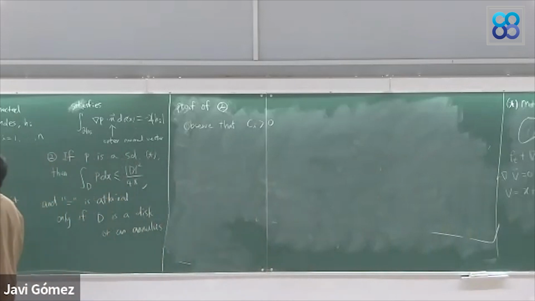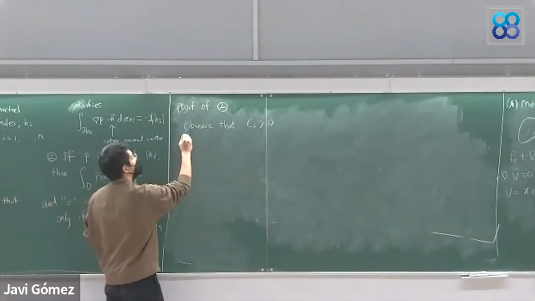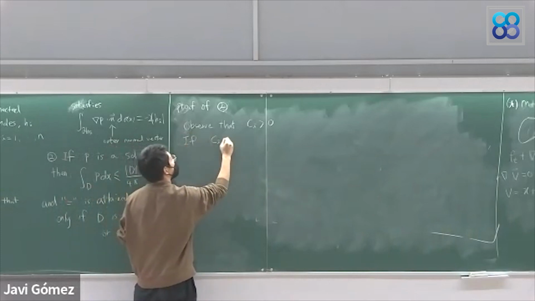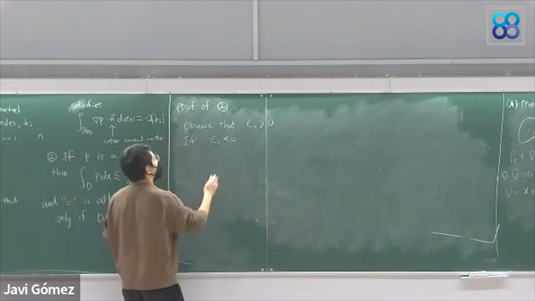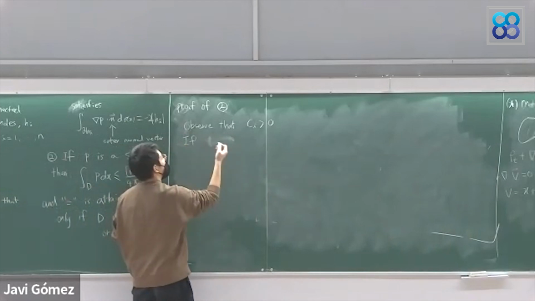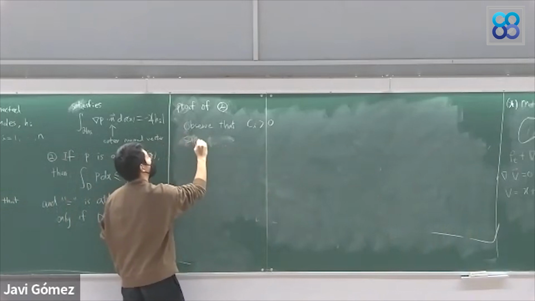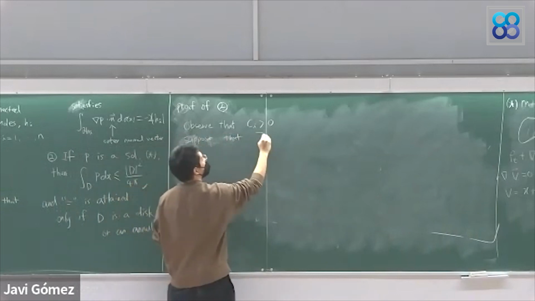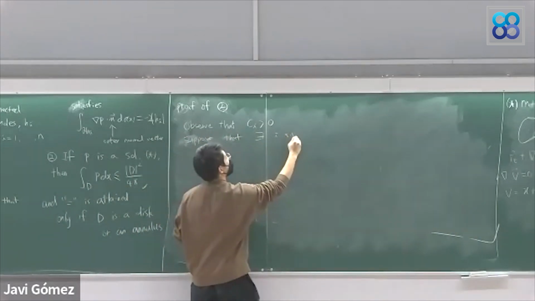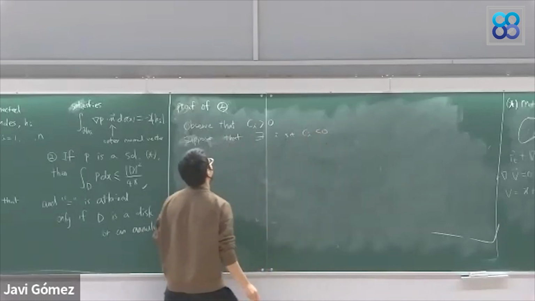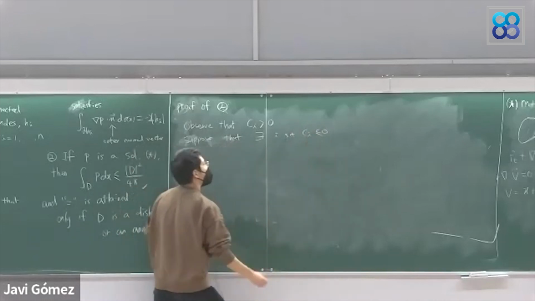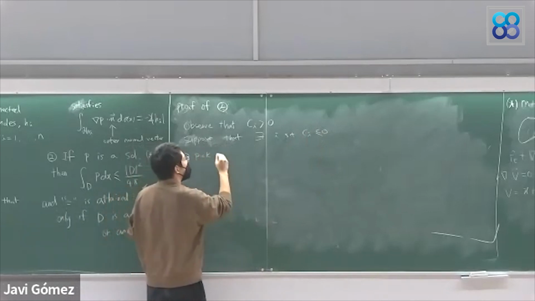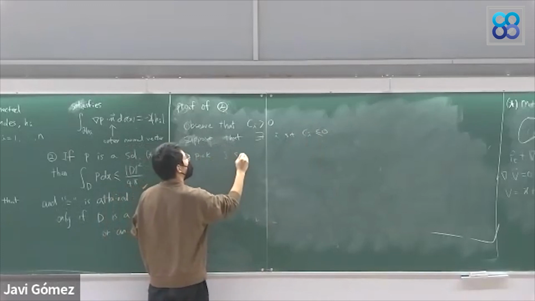Let's suppose the contrary, that there is i such that Ci is strictly negative, or less than or equal to 0. Then you can pick the smallest one, pick j.